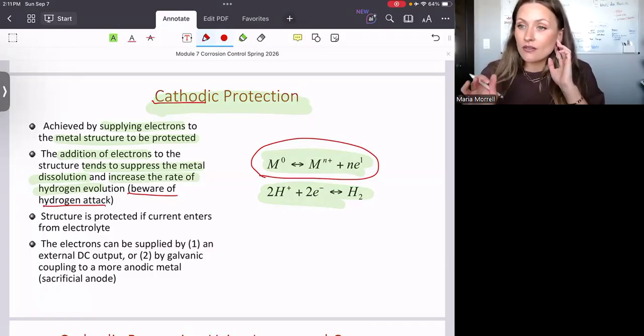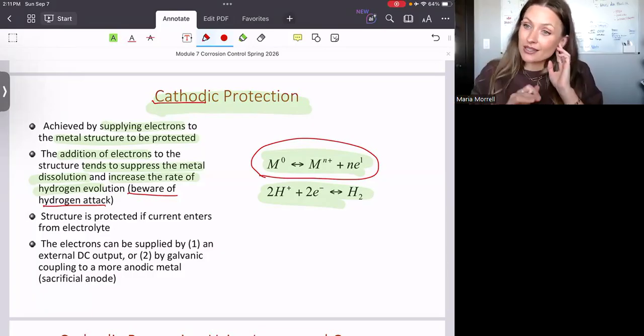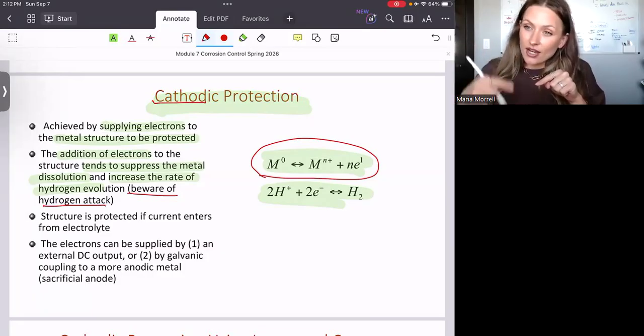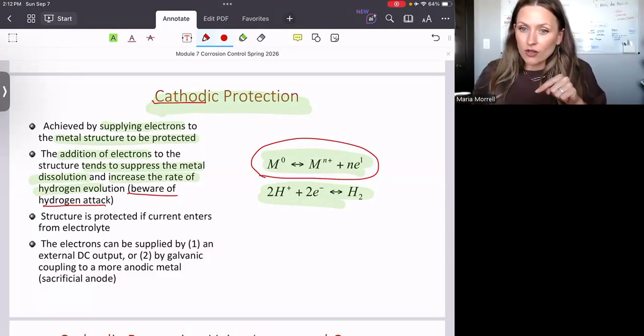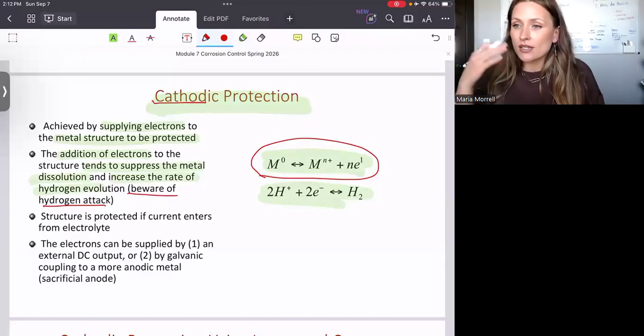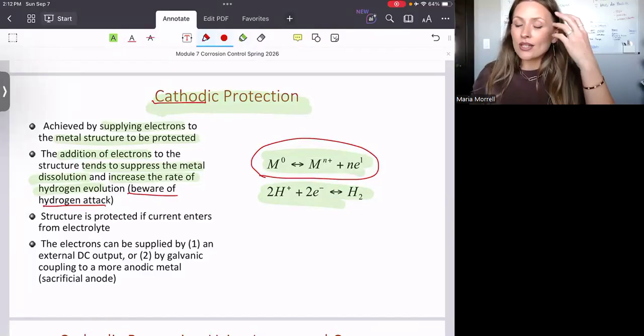While we're using the galvanic cell concept to protect our cathode, right? But now because it's a cathode, you can end up with hydrogen generation, and hydrogen now becomes a concern. But there are ways to get rid of it too, because you already know that whenever you have this hydrogen concern, you can use coatings, you can use inhibitors.